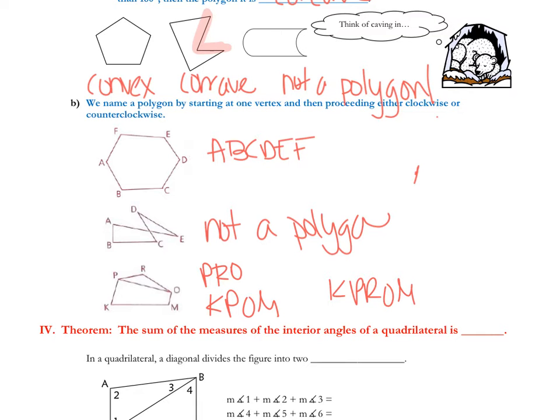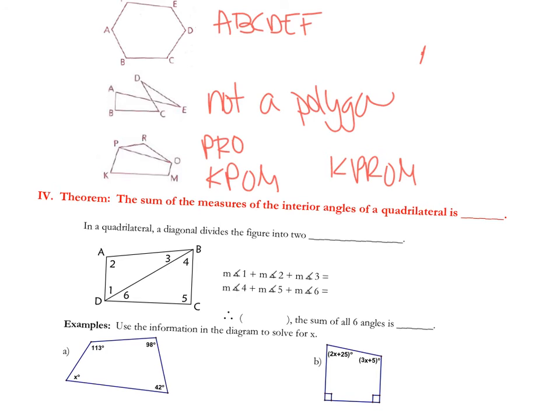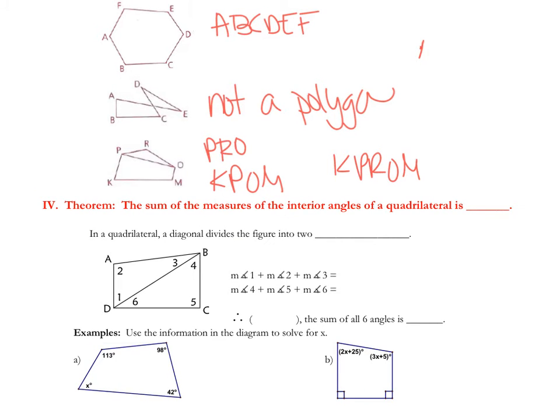All right. One thing we're going to work a lot with is the sum of the measures of the interior angles of a quadrilateral. So a triangle is 180, a quadrilateral is 360. Notice that if you have a quadrilateral, which is four sides, a diagonal divides the figure into two triangles.